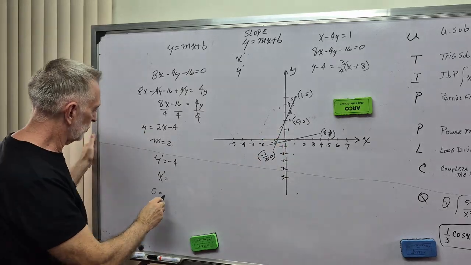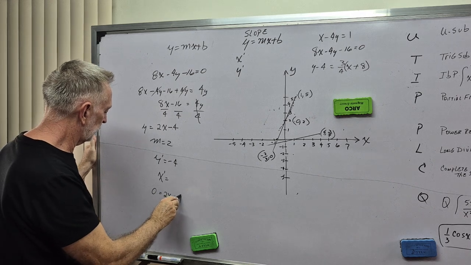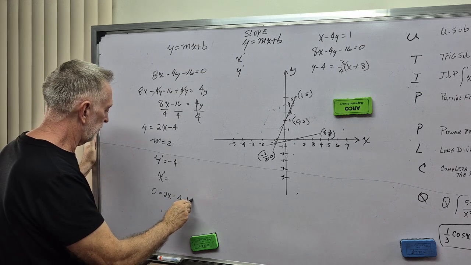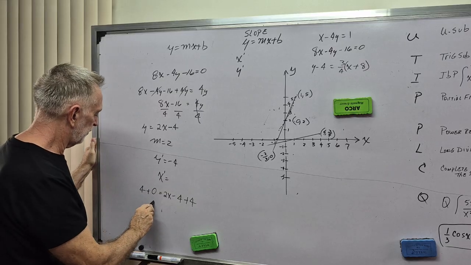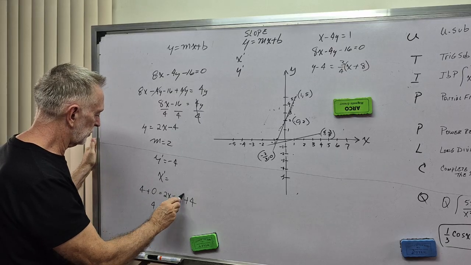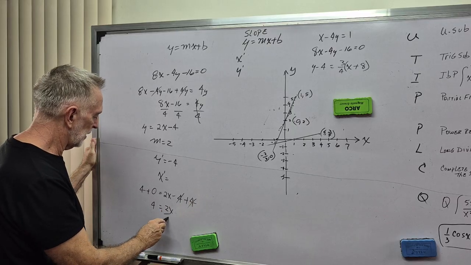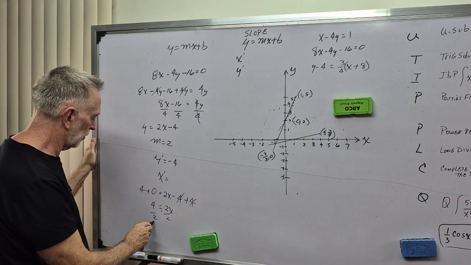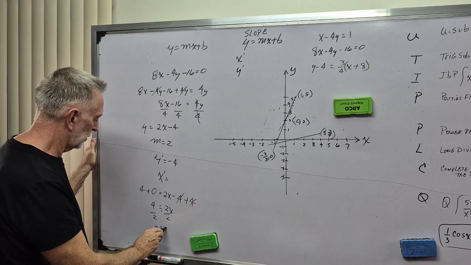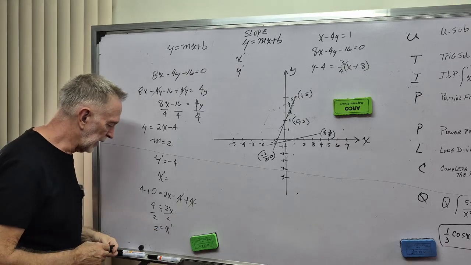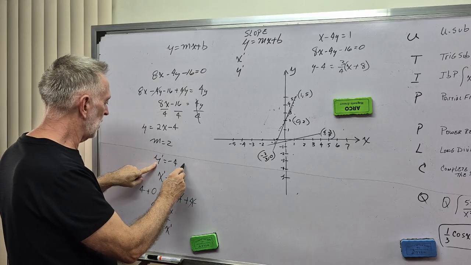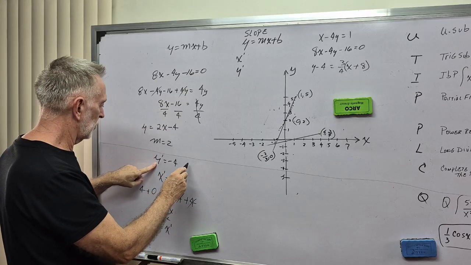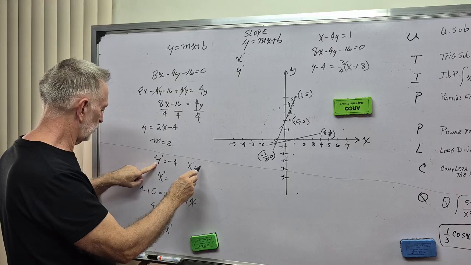So 0 equals 2x minus 4. So I'm going to add 4 to both sides. So that's 4 equals 2x, because those cancel. Divide both sides by 2. 4 divided by 2 is 2. That equals my x-intercept. So we had m equal 2, y-intercept equals negative 4, and x-intercept equals 2.